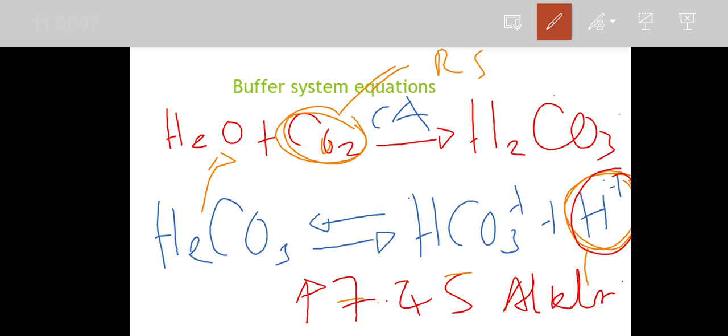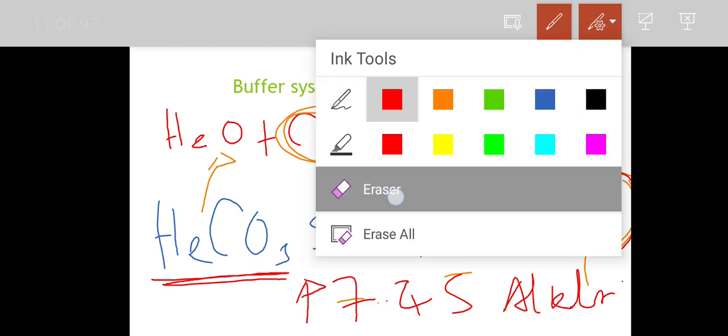So this process now is going to happen when carbonic acid dissociates to bicarbonate and the hydrogen ion. So this hydrogen ion is going to reduce this pH.